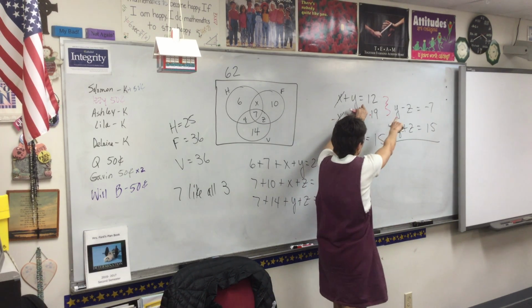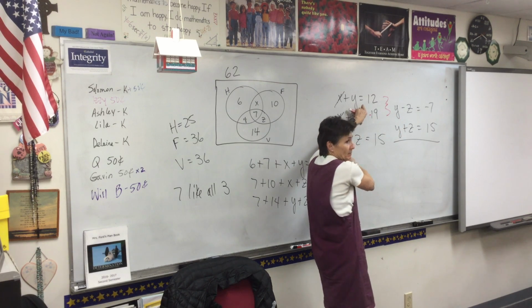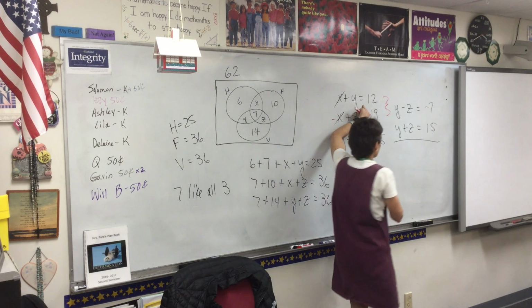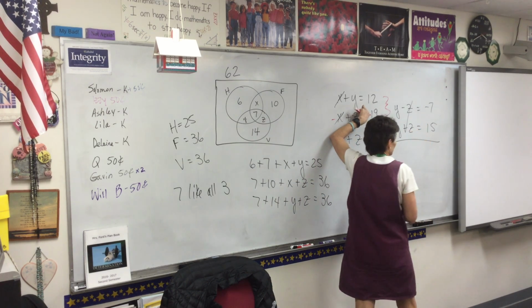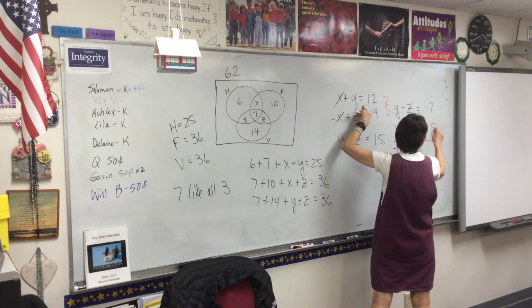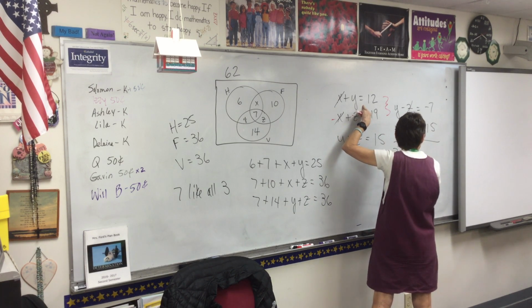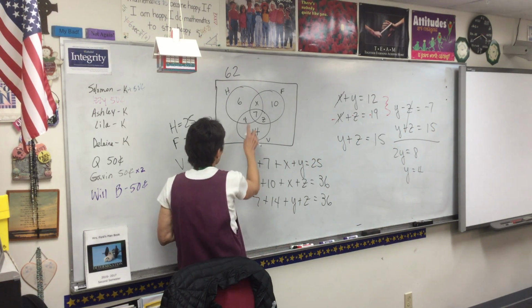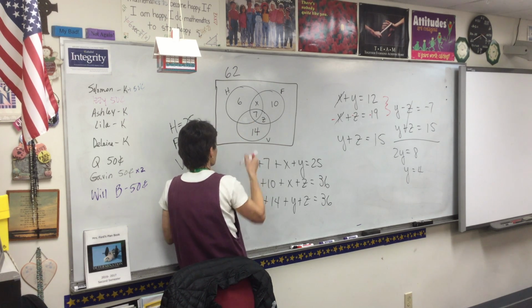So I take the equation I got from the top two, and now I'm going to combine it with the other equation, the third equation, and what's going to happen to my Z's? They're gone. So 2Y equals 8, so Y equals 4. So back over to my Venn diagram, this is now 4.